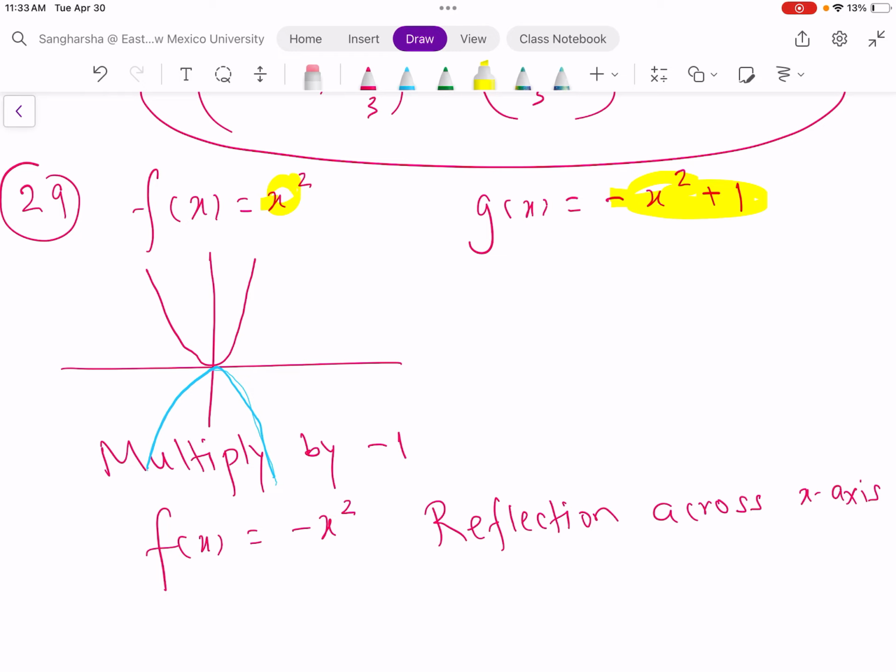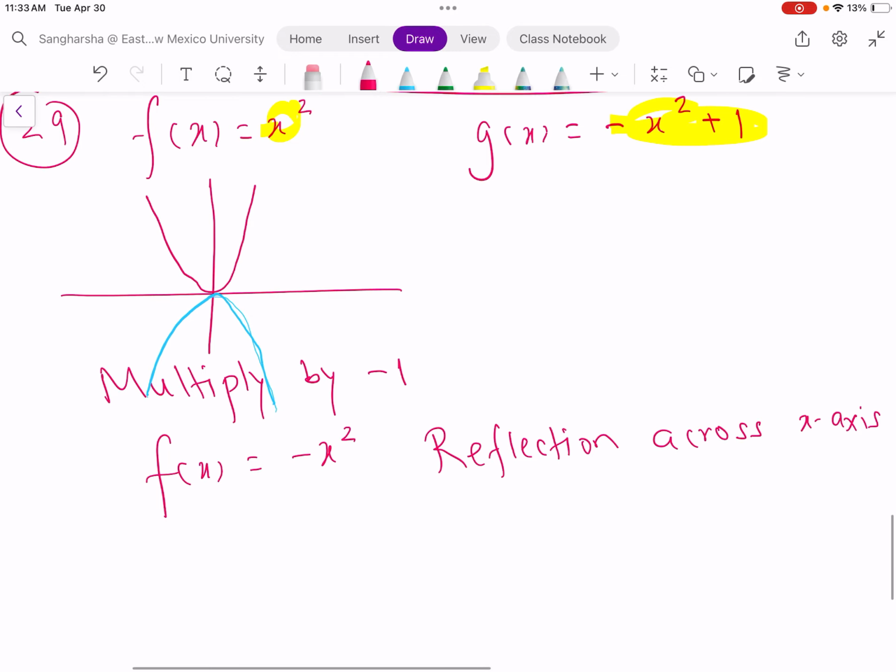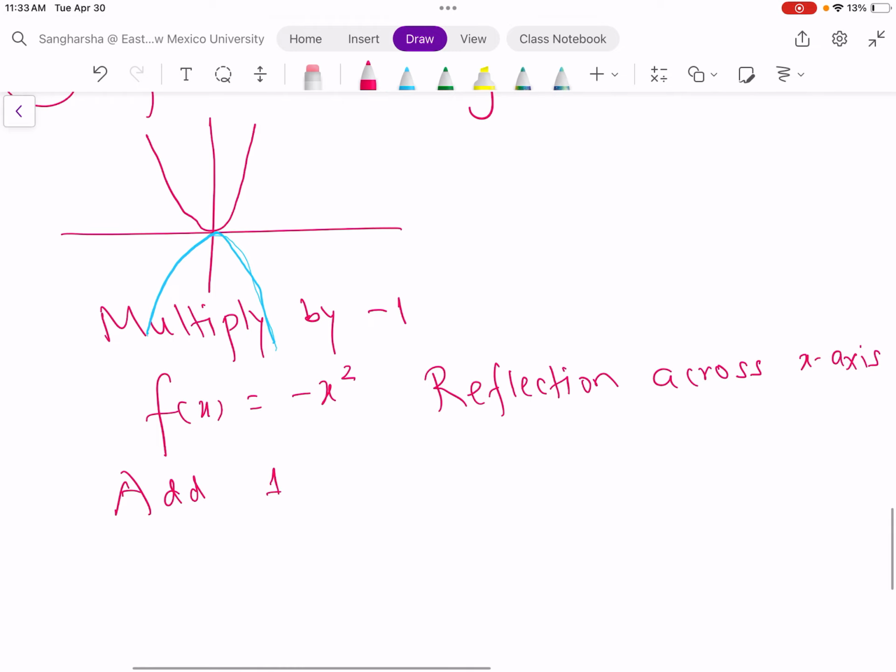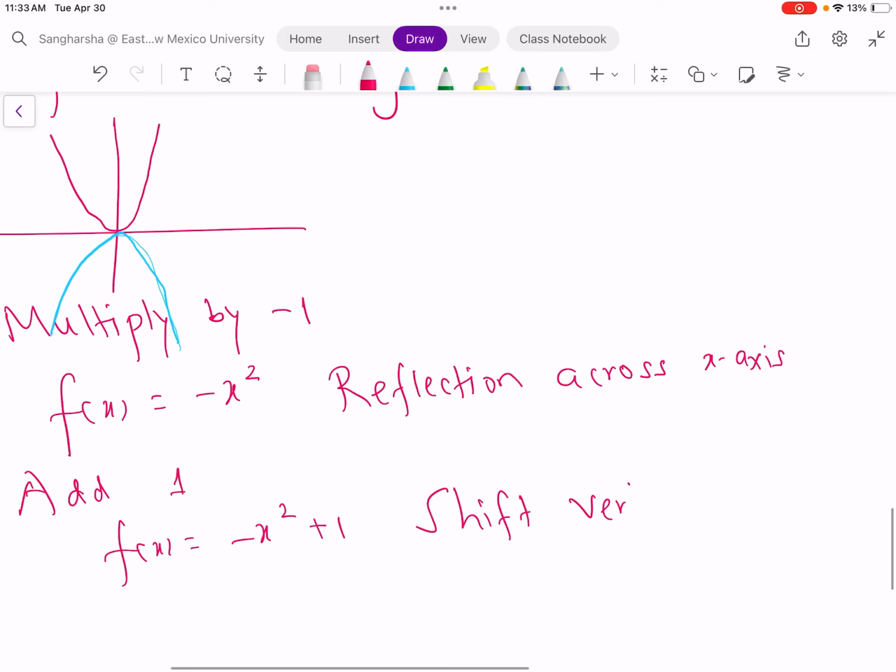Now we need +1. How do we get +1? We add 1, and our function becomes negative x squared plus 1. What does it mean to add 1 to a function? We are shifting the graph vertically up, by 1 unit.